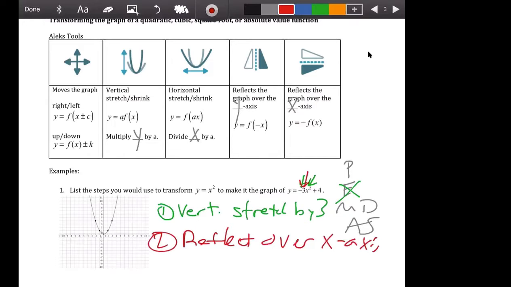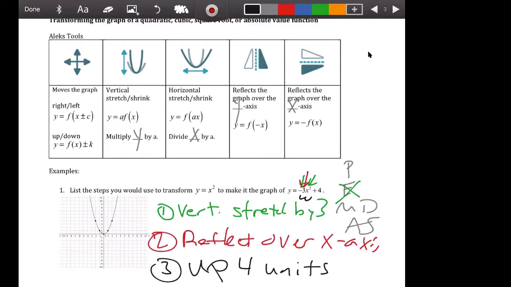Now, there's one more thing that was not in the original. This is the parent graph. We took care of the 3, and we took care of the negative, but there's this plus 4. The plus 4 is not in grouping symbols with the x. It is outside, and that means it's either going to go up or down. Plus 4 means I would translate my graph up 4 units.